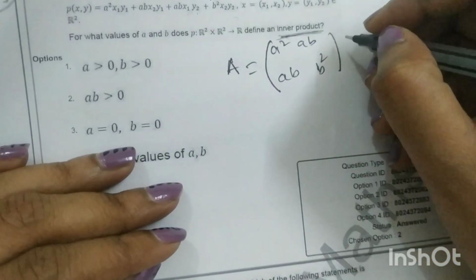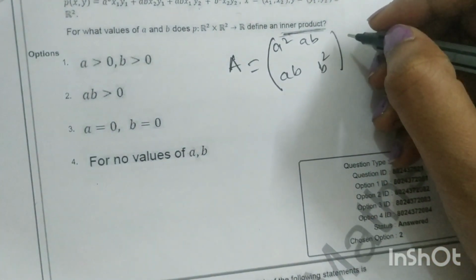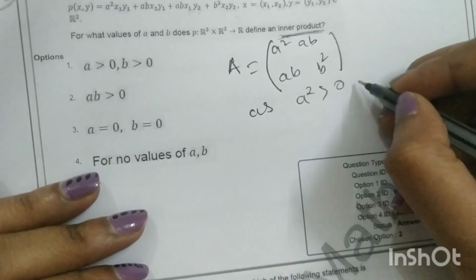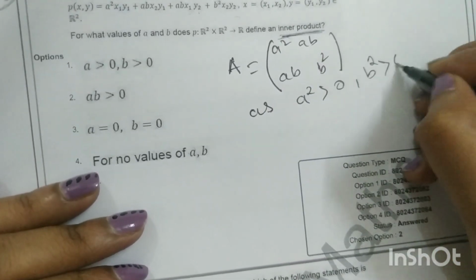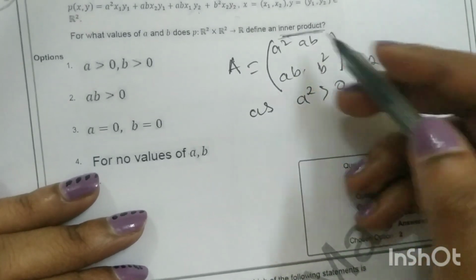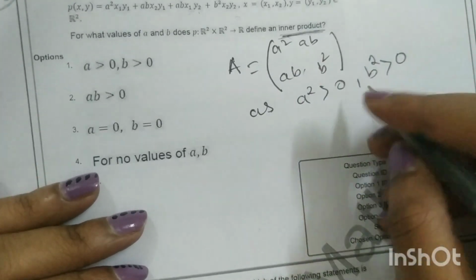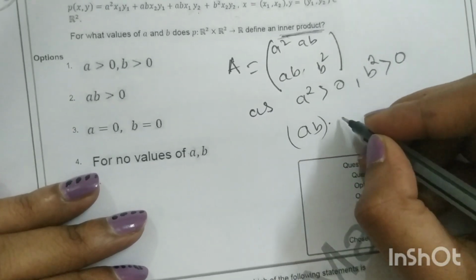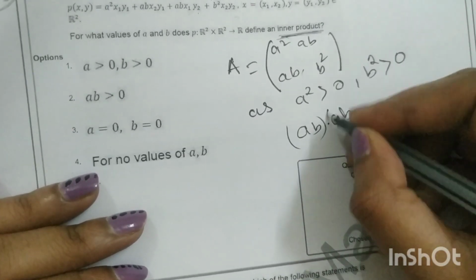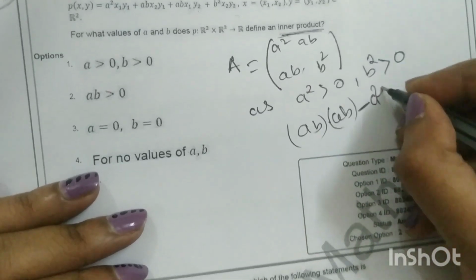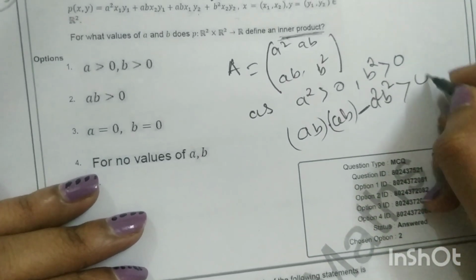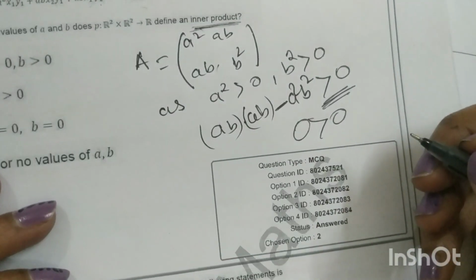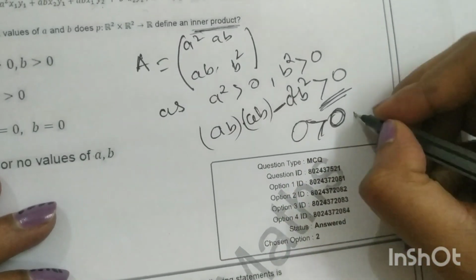So we will check whether its principal minors are greater than 0 or not. As you can observe, a^2 is greater than 0, b^2 is greater than 0, and we will check whether the determinant is greater than 0 or not. Here ab into ab minus a^2 b^2, we have to check. See, it is 0, greater than 0. Is it true? No. How is it possible that 0 is greater than 0?